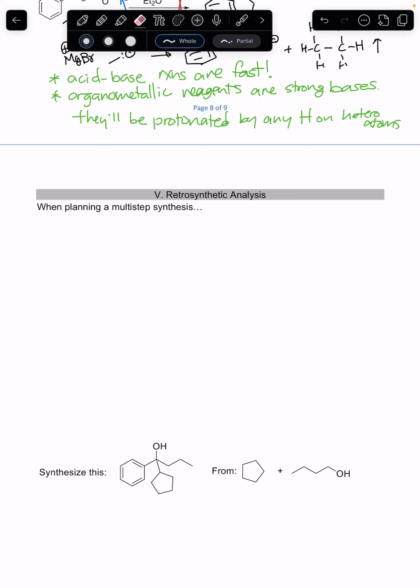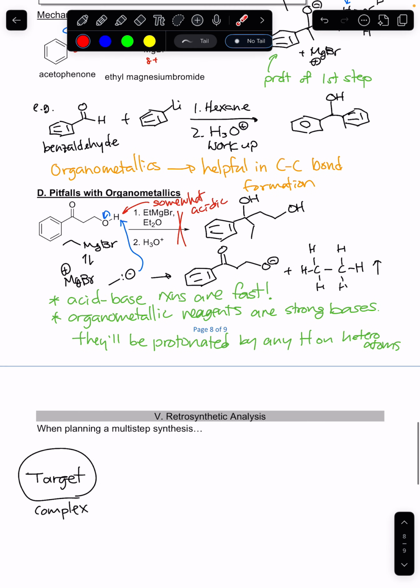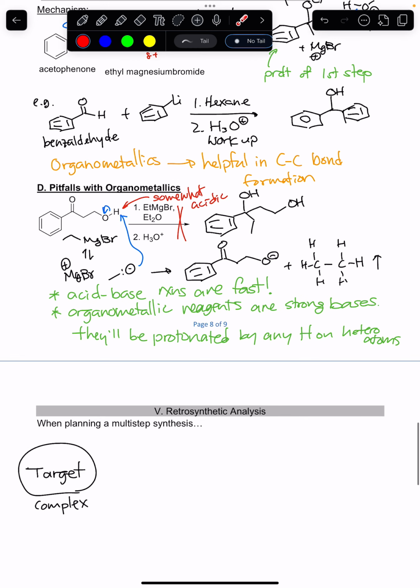So what is retrosynthetic analysis? In an abstract, big-picture view, you start with the target that you want to synthesize. Maybe the target is the complex molecule that you want to make, and then you walk your way backwards to the starting material. Typically in chemistry we think of starting material and then the product.